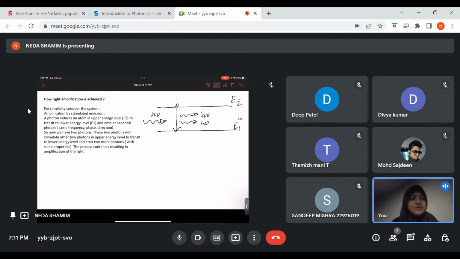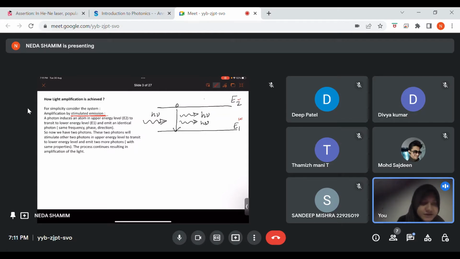So this is a very simple way of achieving light amplification, amplification by stimulated emission. And for stimulated emission, we need external pumping, as Deep Patel has mentioned.